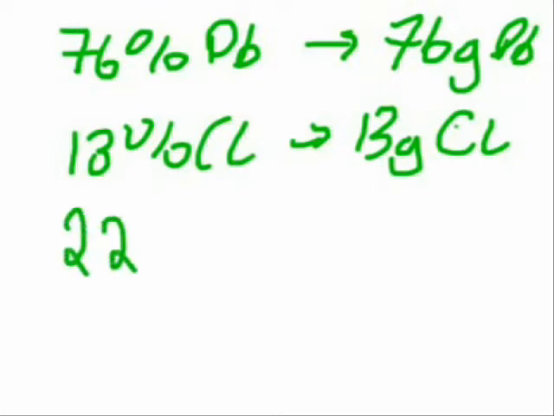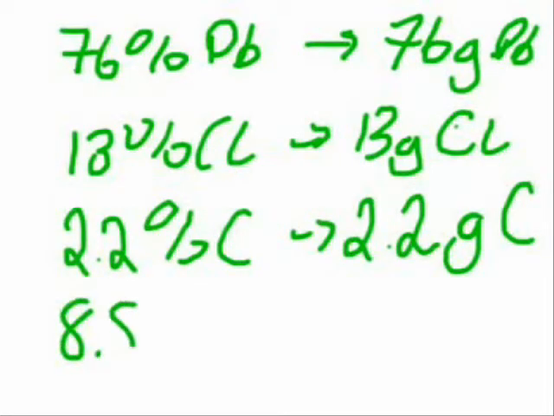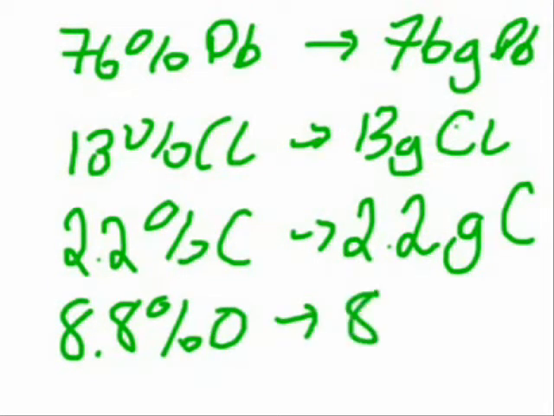And if we've got 2.2% of carbon, we'll turn that into 2.2 grams of carbon. And the last one, 8.8% oxygen, will turn into 8.8 grams of oxygen. There's your first step.